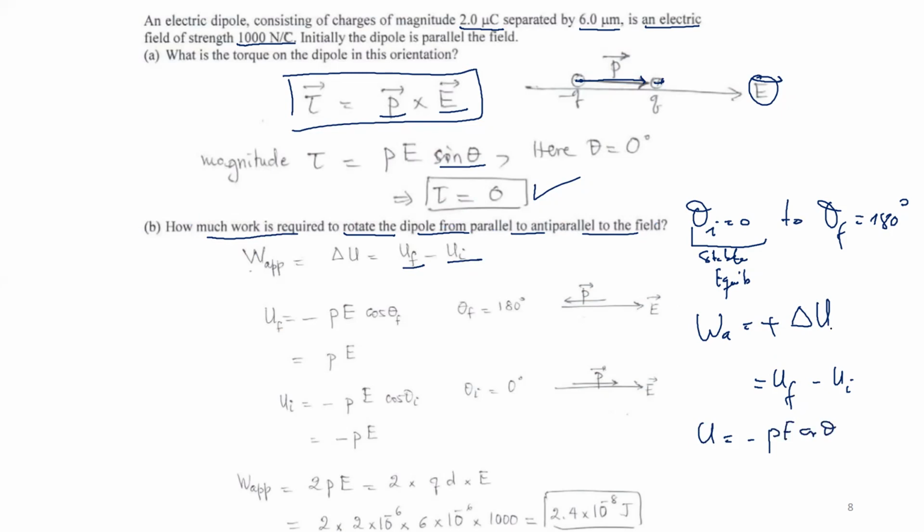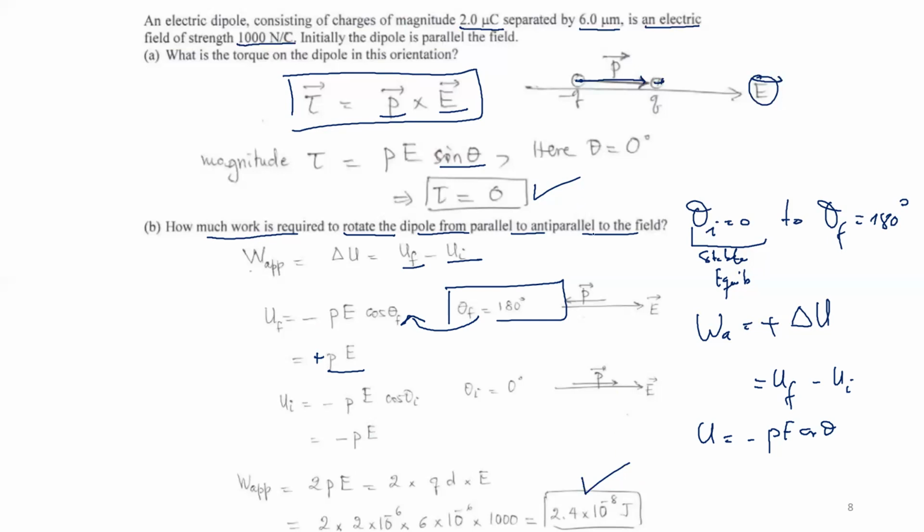So you just replace theta by theta final, and theta initial you replace by 0. Okay. So theta final is this. We put it here, and you see this is plus PE, because cosine 180 degrees is negative, and minus times negative is plus. U initial is this. And you take the difference and you see that the work applied will be this.